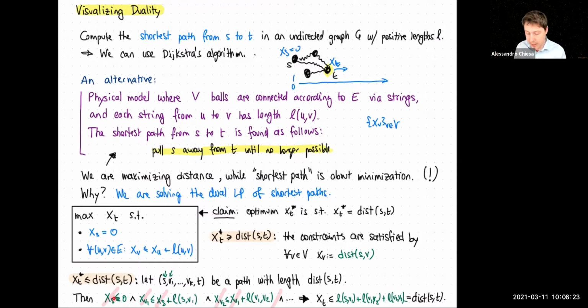So x_S will appear on the left and on the right, so I can cancel it. x_V1 will appear on the left and on the right, so I can cancel that too. The only thing that I won't be able to cancel is x_T, because it appears just in the last inequality on the left. So it stays on the left. And then I'm left on the right with all the L's. And the sum of the L's is precisely the length of the path, which is the distance from S to T, because we pick the path to be optimal. Okay?